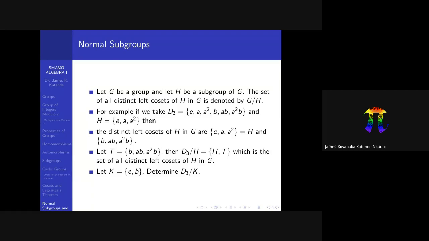In the same way, I need to show that if I pick any element in H, it should also be a subset of AH, as long as A is an element of H. Here you will have to apply the cancellation laws. So AH must be equal to H because of the cancellation laws.